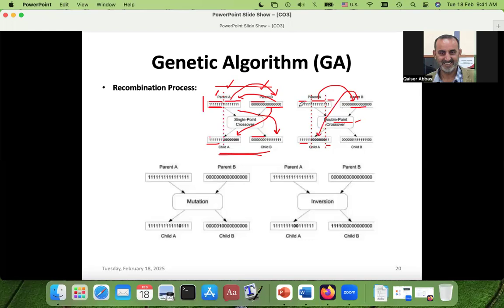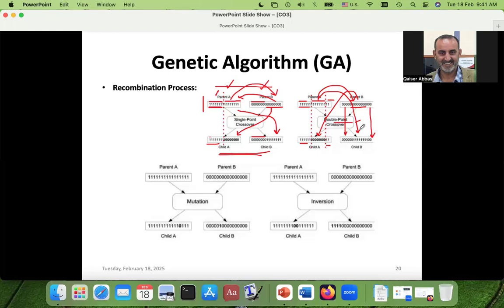Similarly, for example, these are the 6 bits, the remaining portion stays as it is, and this portion of ones you are moving here. This is double point crossover.